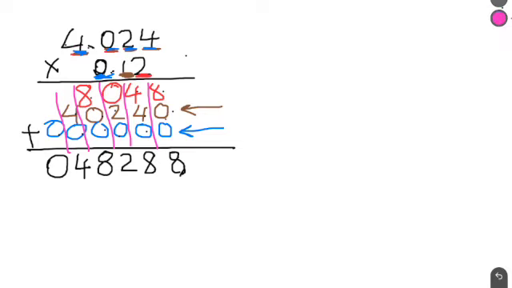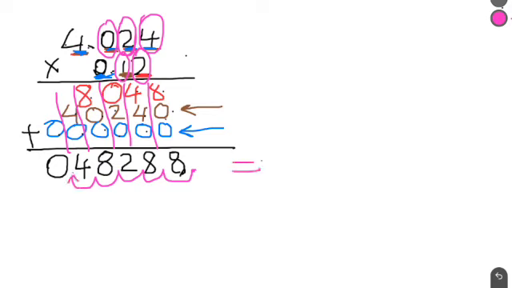And as a last step, now we're going to circle and count all of the numbers behind the decimal point. So we have 1, 2, 3, 4, 5. There's 5 numbers behind the decimal point. So what that means is that we move the decimal point from here. 1, 2, 3, 4, 5.